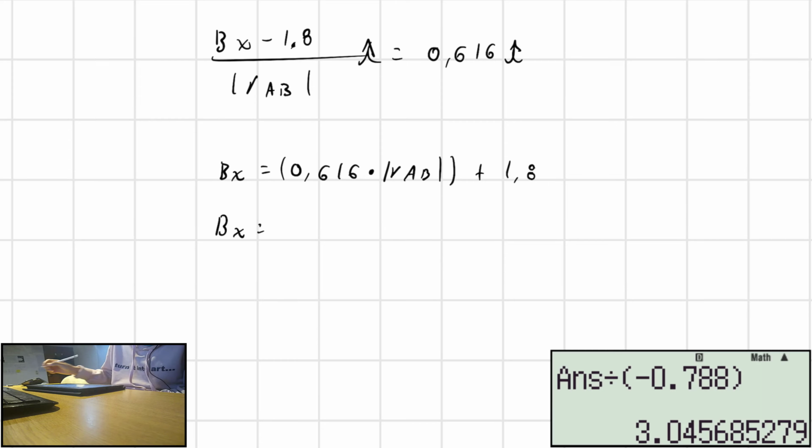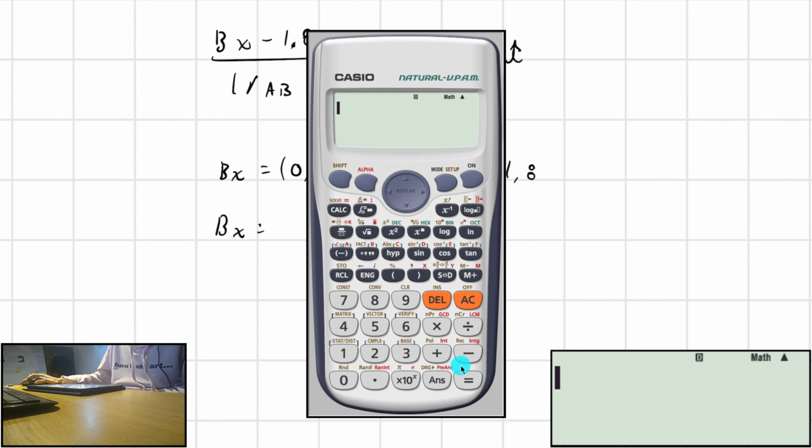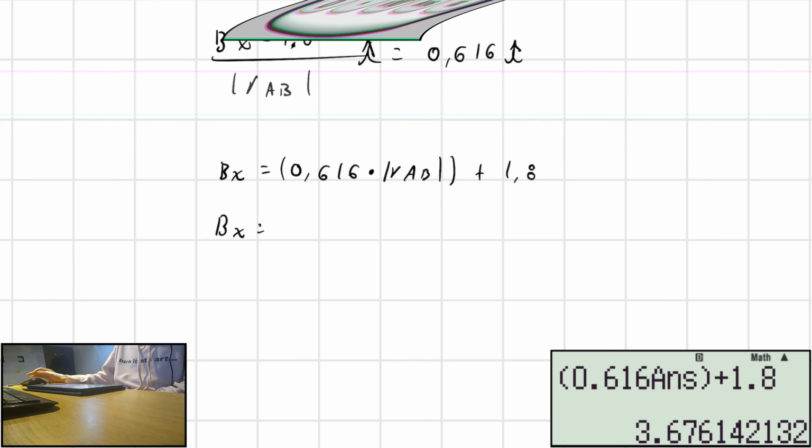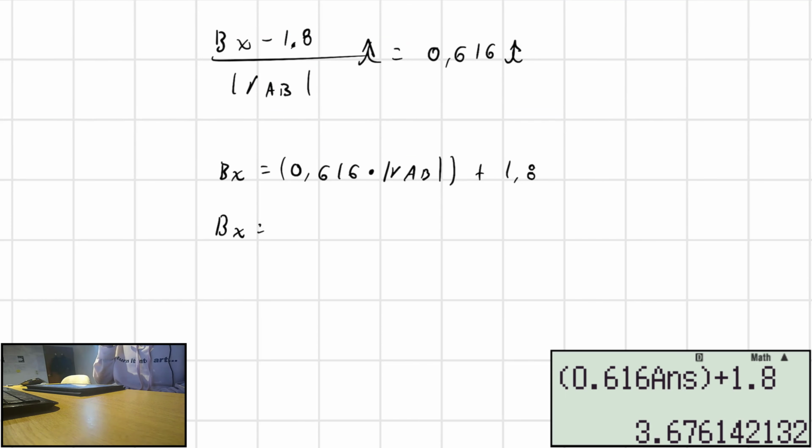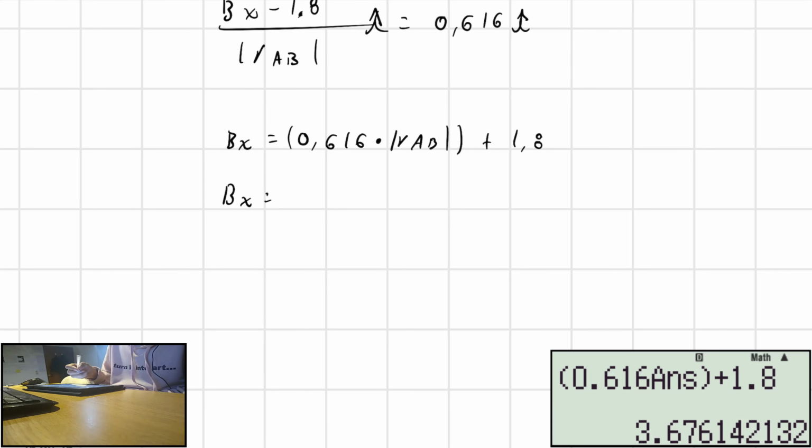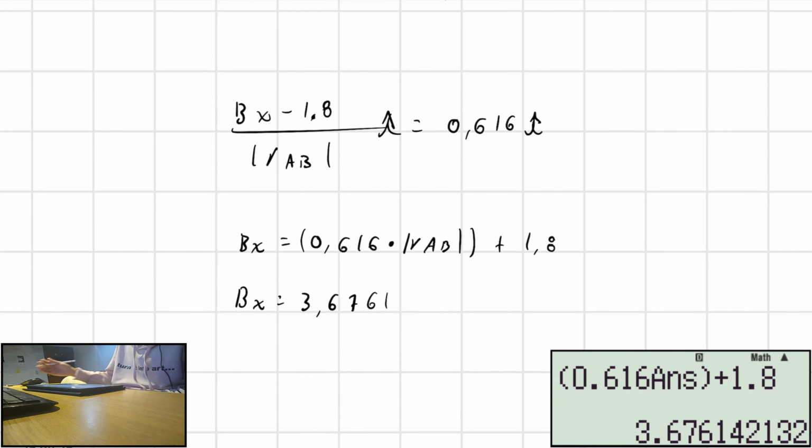So bx is equal to, this is in answer, this is already stored right here, so I can just write down this 0.616 times answer within parentheses plus 1.8, and finally this is equal to 3.6761.